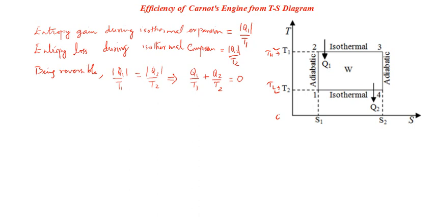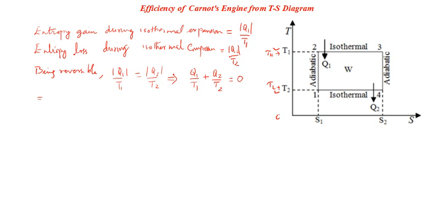And so Q1 by T1 was the entropy gain, and Q2 by T2 is the entropy loss. So you know the net change in entropy. That was delta S1 and delta S2. These two are the entropy changes actually. So you can see that delta S1 adds up with delta S2 as far as the working substance is concerned, and that gives 0. So what is the conclusion here?